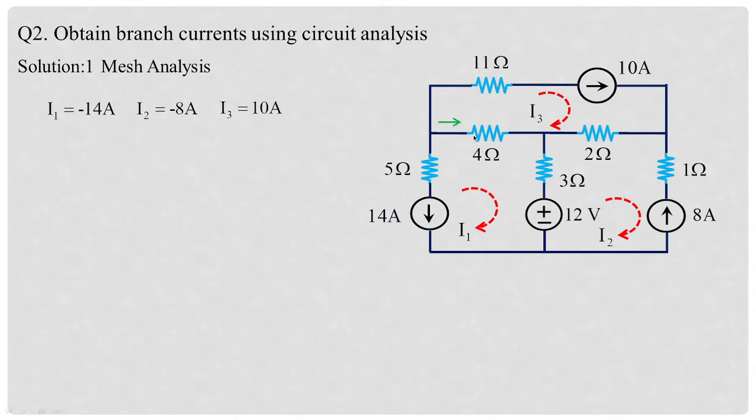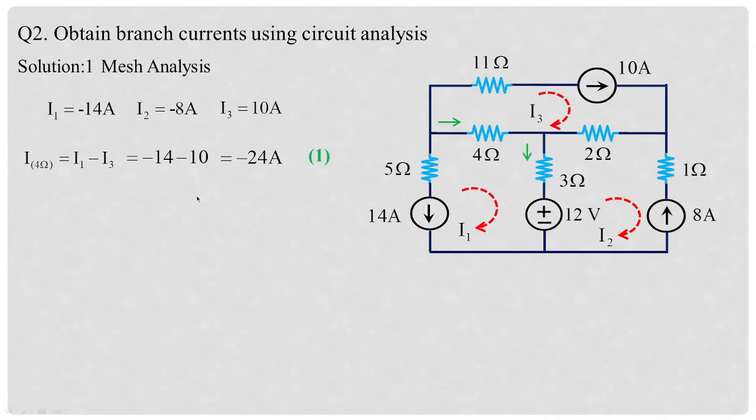One branch current which is flowing through 4 ohms: you can see I1 is assigned with the green arrow, whereas I3 is acting opposite to the green arrow. So here I4 is equal to I1 minus I3 under mesh analysis. These 2 loop currents give minus 14 minus 10, which is equal to minus 24 amperes. Now this is one branch current.